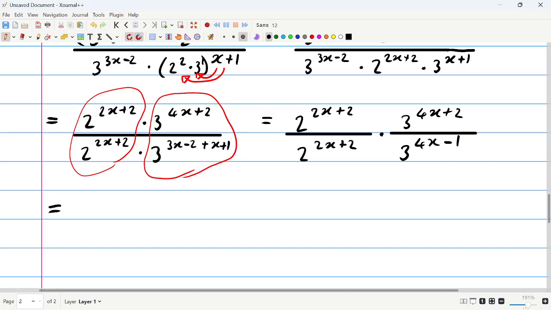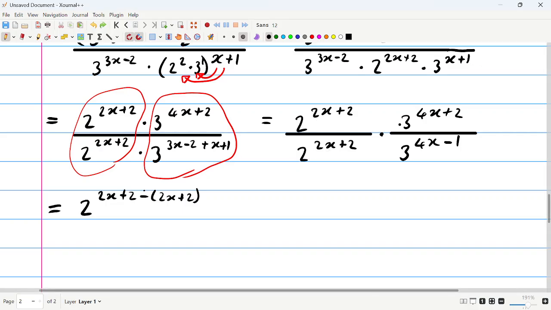Okay, so let's note that we have the like bases, which is 2, so we can use the exponent law of subtraction. So it's going to be top minus bottom, 2 to the power of top minus bottom, which is 2x plus 2 minus bracket 2x plus 2. Notice that if you didn't have this bracket, you would not actually get to the step where you cancel these two out.